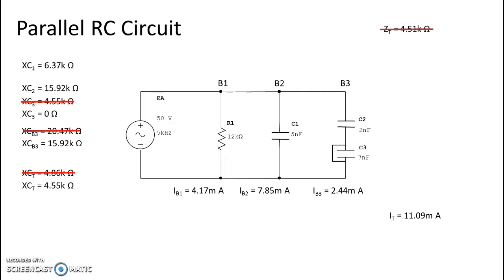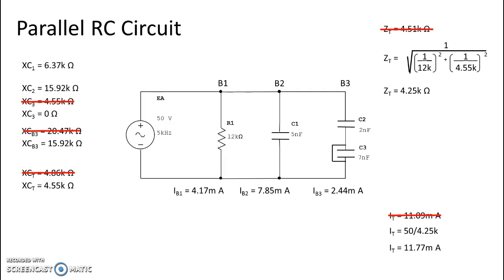Alright. Now, impedance is also going to change because even though R1 stayed the same, our capacitive reactance went down. So we are actually expecting impedance to go down as well. And it does. It goes down from 4.51K to 4.25K. Now, of course, if impedance went down, current must be going up.